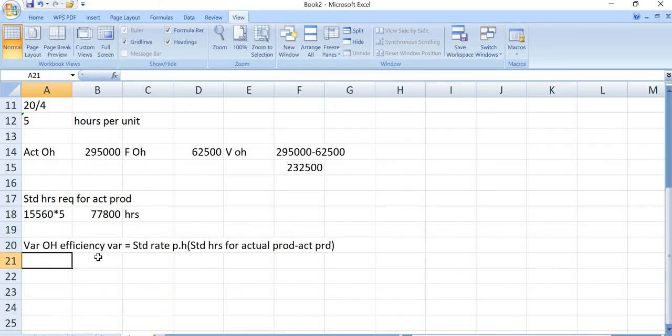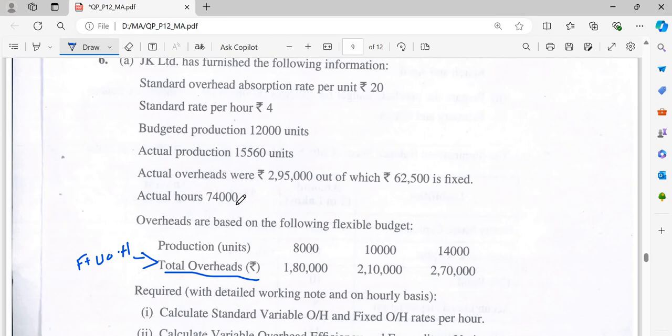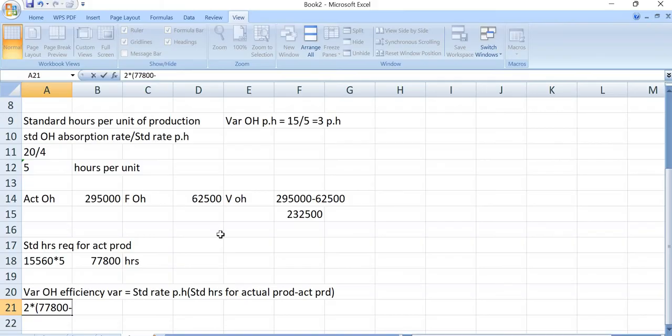So here I am considering standard rate means standard variable overhead rate. So we already calculated standard variable overhead rate here, 3 rupees. So 3 into standard hours for actual production is 77,800 minus actual hours. So actual hours is 74,000. So they have given in question itself.